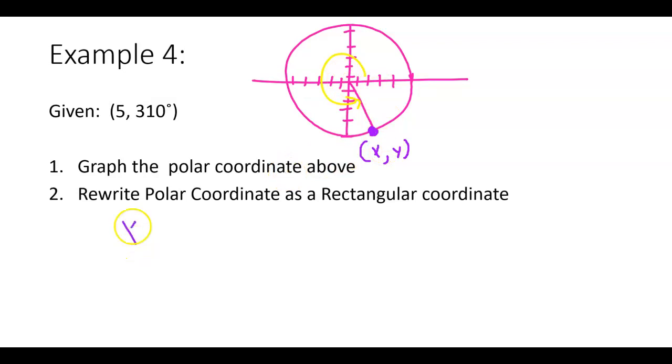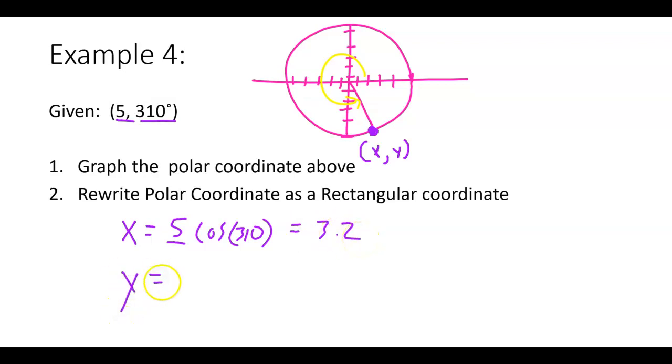For x, we just take r and multiply it by cosine of theta. What's my r value? It's 5. What's my theta value? It's 310. I'm just going to type that into my calculator, and I get a pretty nice answer pretty quickly. I get 3.2. So the x-coordinate is 3.2.